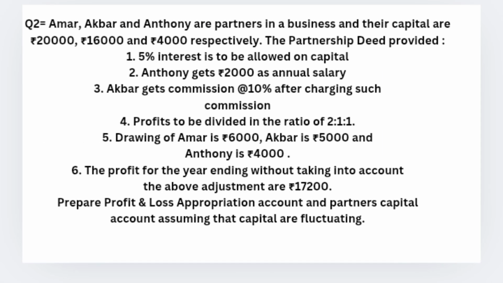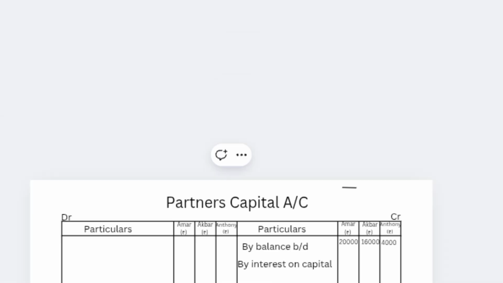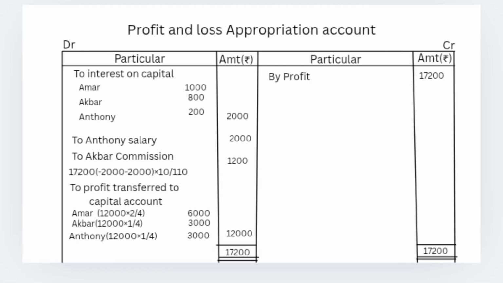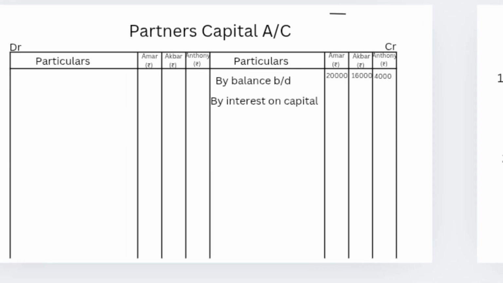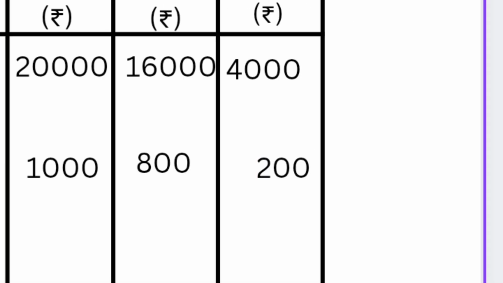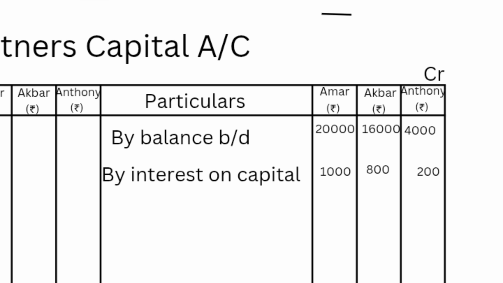The next item is the interest on capital. The amount will be, for Amar 1,000, for Akbar 800, and for Anthony 200.